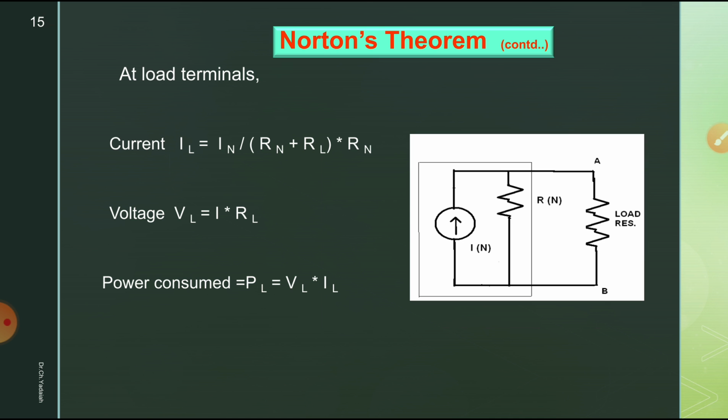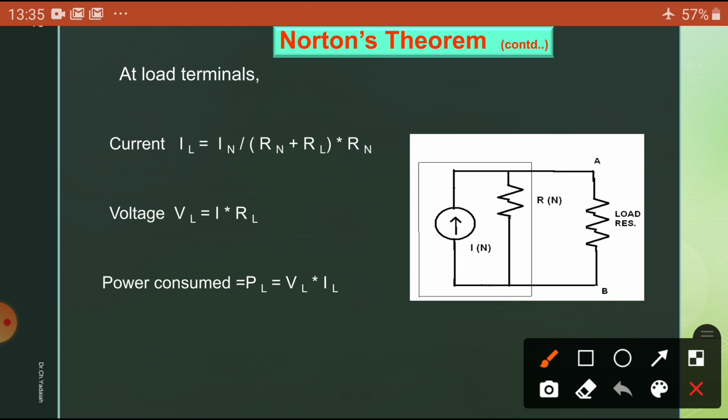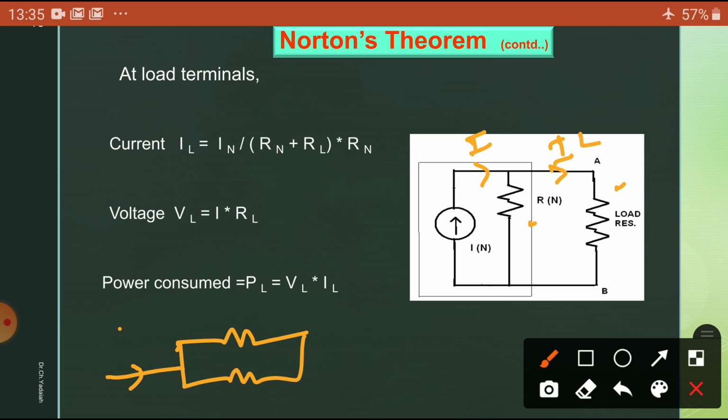So after knowing this, the load current here. Okay, so what is the load current? IL. What happens? This and this are parallel. Both are connected in parallel. So that is the total current. I want to know the current I. Simple parallel circuits. So this is connected, and this is connected to the I here.